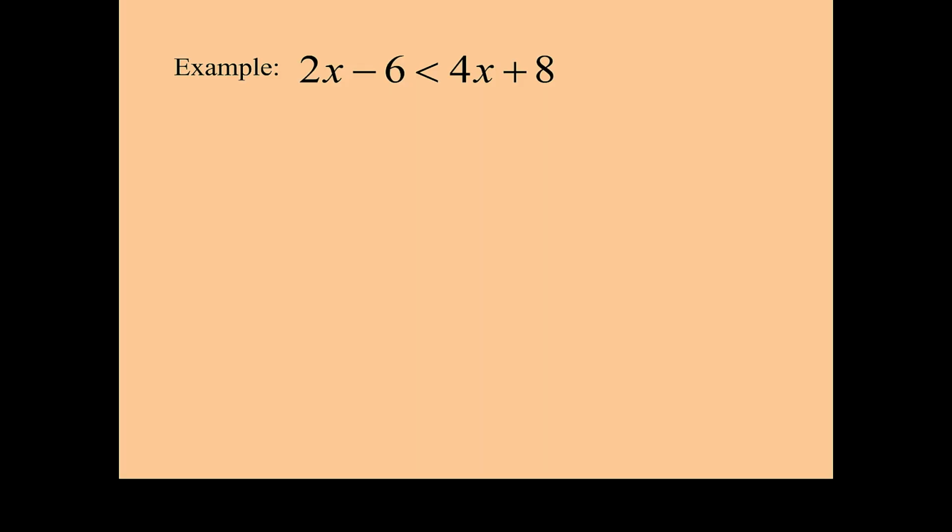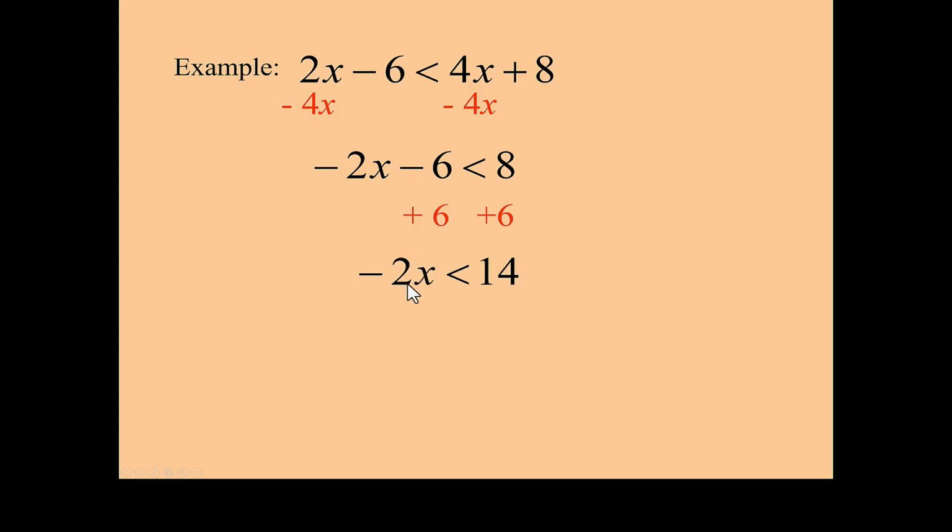For example, here, we have to get our variables on one side. So I subtract 4x on both sides. Now I have -2x minus 6 is less than 8. I add 6 to both sides to get the variable by itself. Now I have -2x is less than 14.